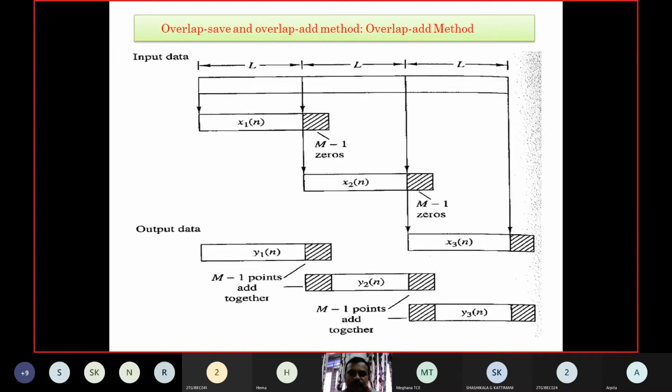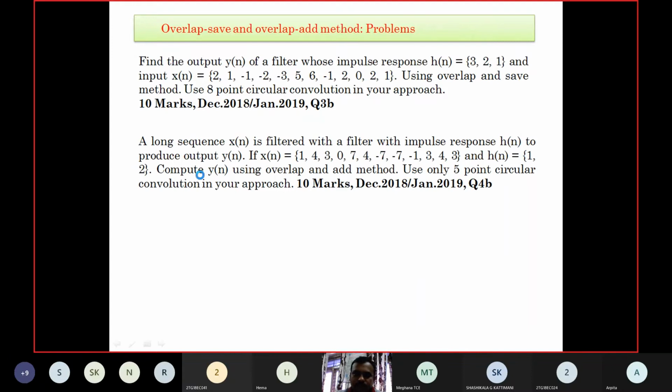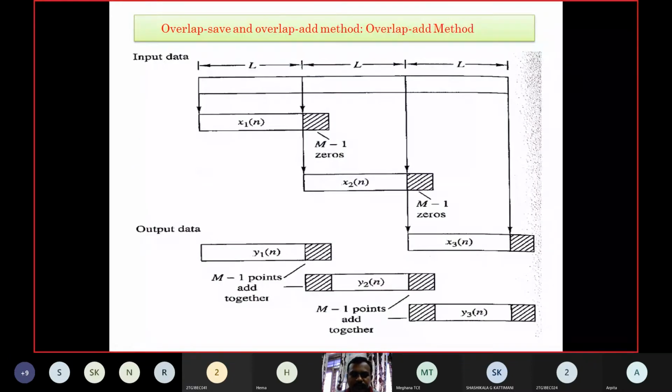Each block has L values of x of n, and the remaining M minus 1 are zeros added at the end of each block.